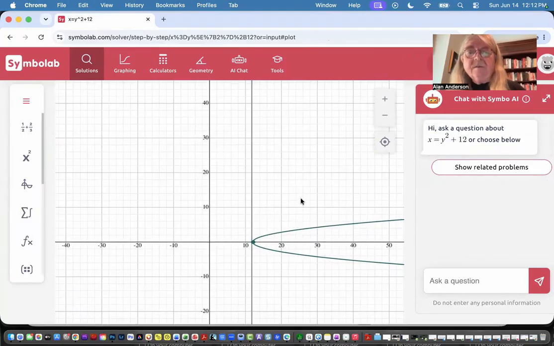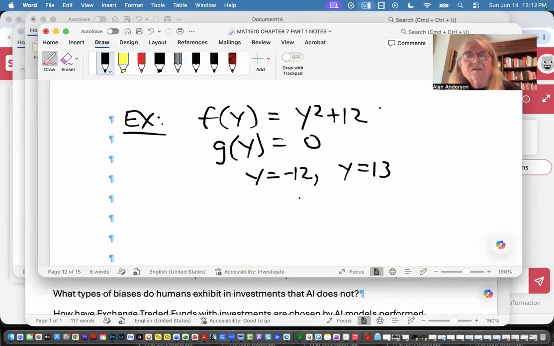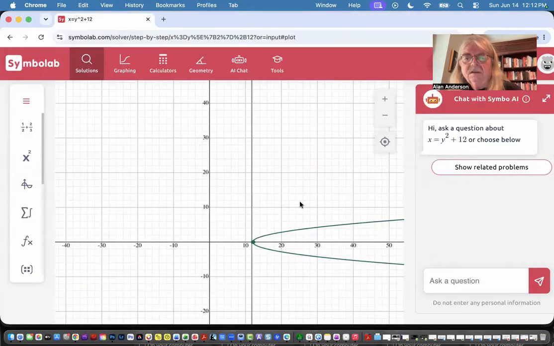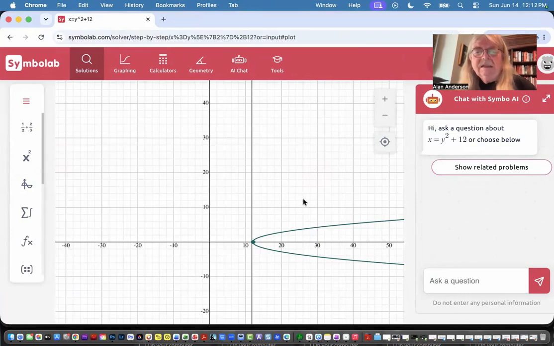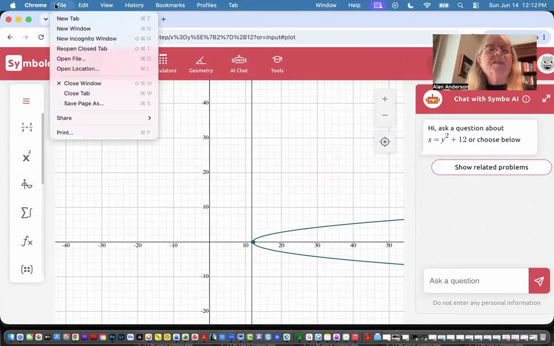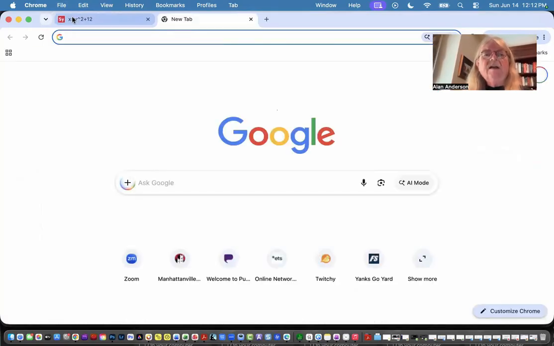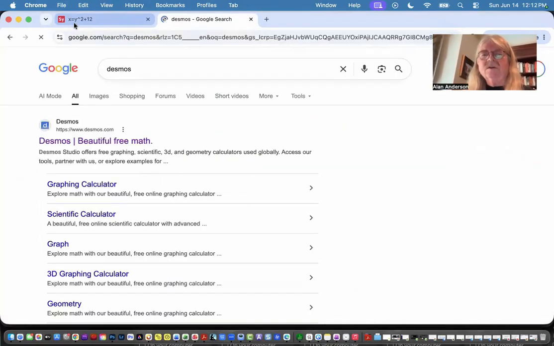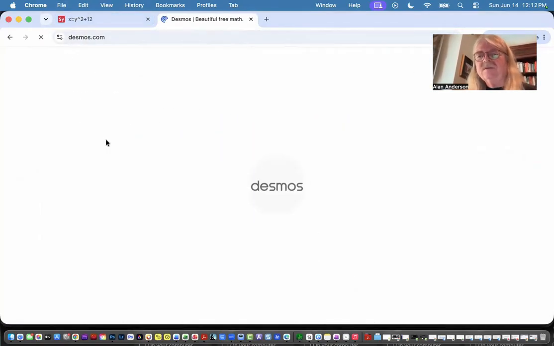All right. So now you notice how the other function is g of y equals 0. Okay. So you know what we're going to do? I'm going to go to Desmos. I find that for the really messy ones, Desmos works a lot better. I don't know what the problem is with Symbolab.